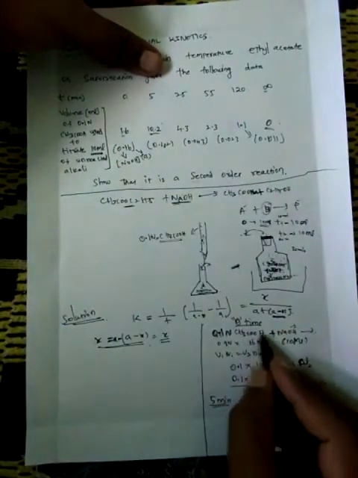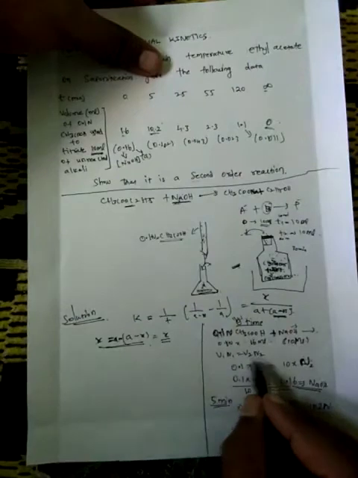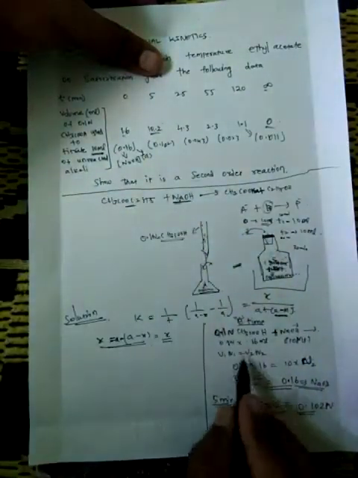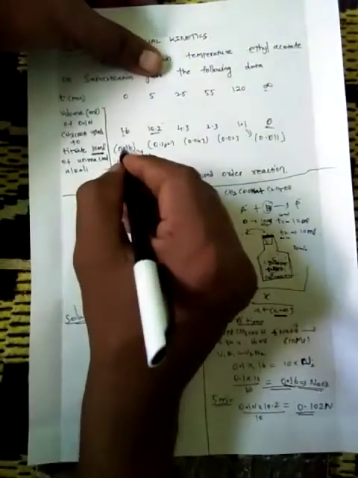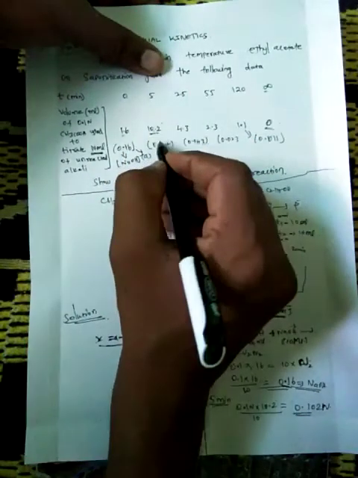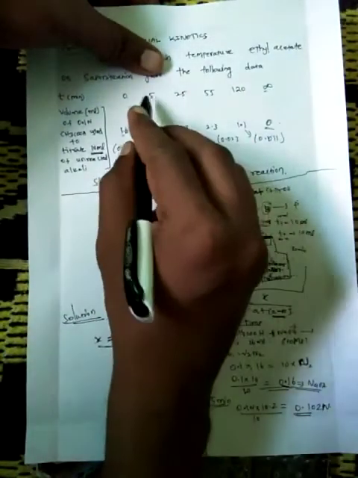So if you use the V1N1 formula, you can find out the sodium hydroxide concentration. If you work it out, you will get 0.16. This is sodium hydroxide. The same way you have to find out the concentration of NaOH at various times.